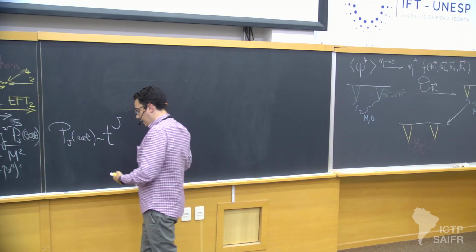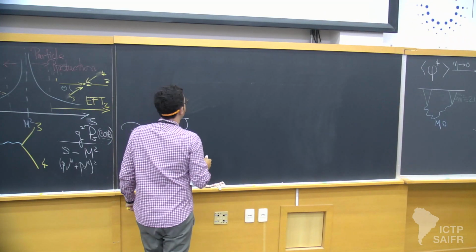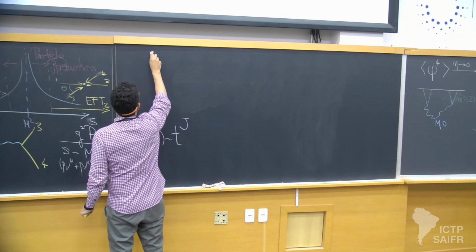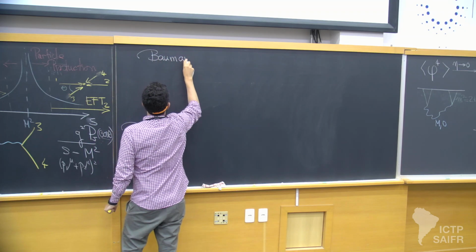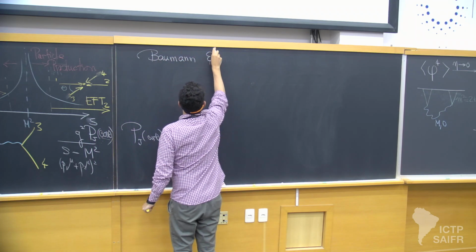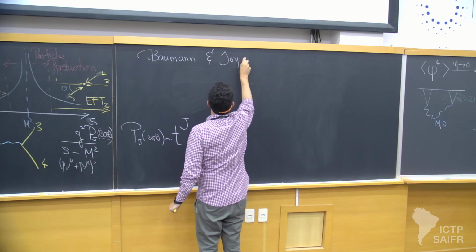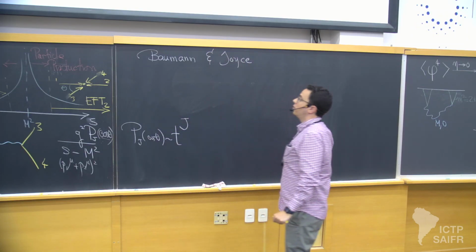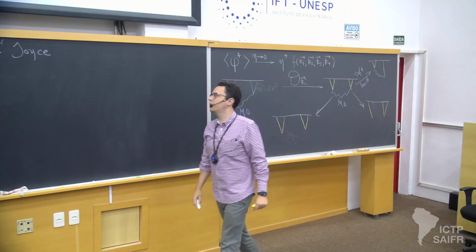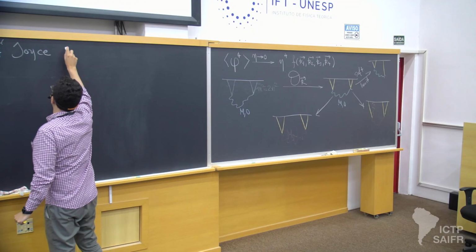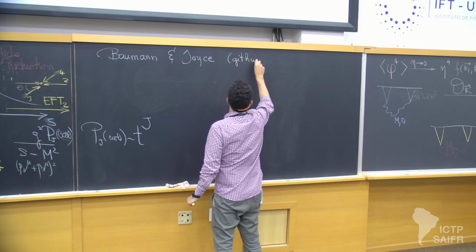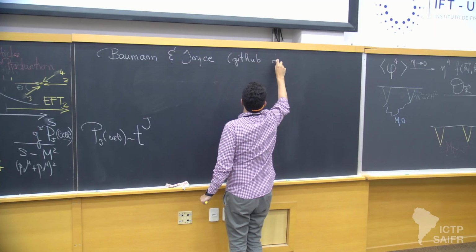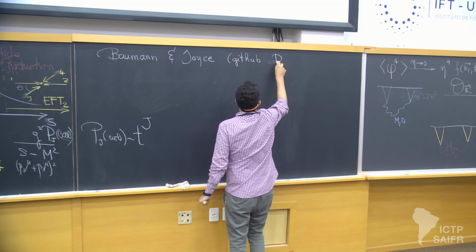So there are 3 ways, and actually my friends Baumann and Joyce have some nice lecture notes. They are not on the arXiv, they are work in progress, but they're on GitHub, so these people are very modern. So it's the GitHub of Daniel Baumann.